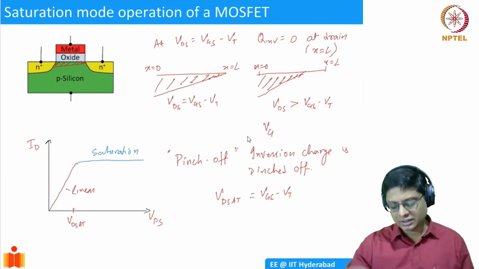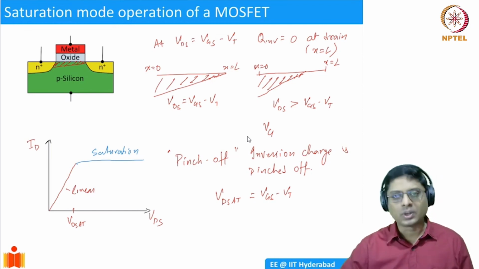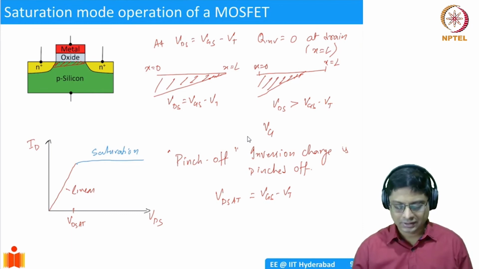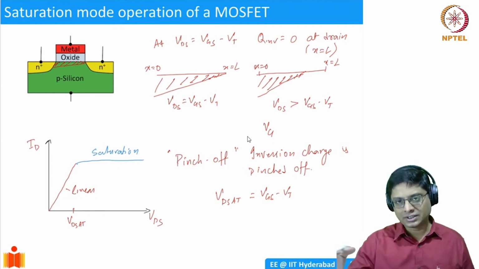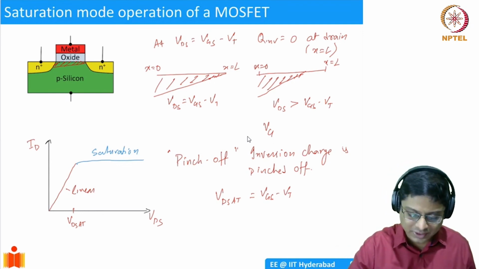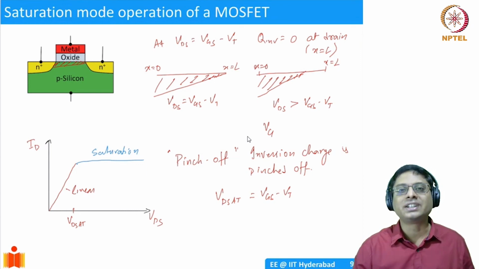Initially the current varies linearly with the drain voltage, but once we cross VD SAT, there is no further addition of inversion charge. Near the drain, there's no inversion charge at all. The channel has got completely pinched off, so the current cannot increase any further.